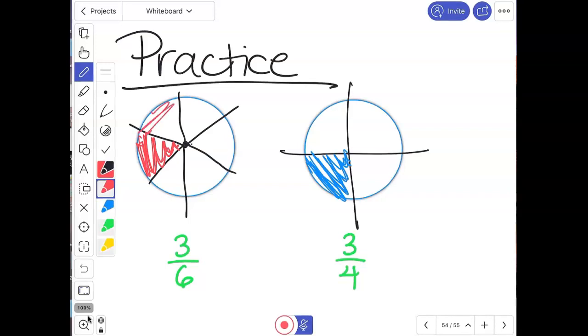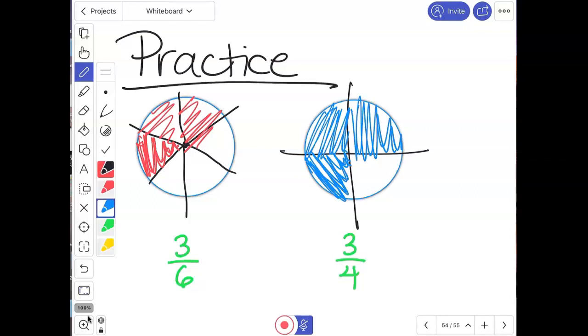So if I have 3 of those versus 3 of these, I can also see that this is like basically half, right? This is 1/2 of the pizza, and this is more than half of the pizza. So I would rather have 3/4 of my pizza than 3/6 of my pizza, because the sixths are smaller pieces.